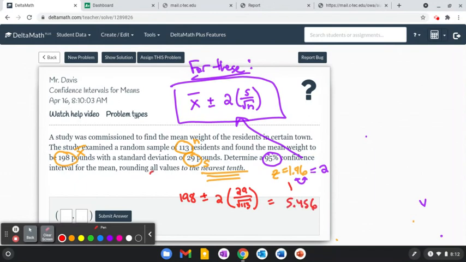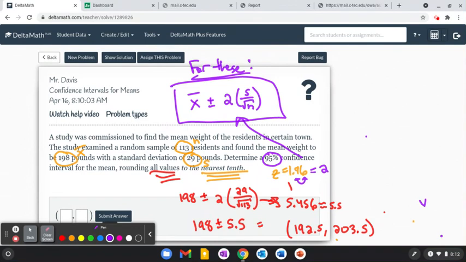And again, we're rounding all values, so each intermediate value we have to round. So we want to round that to 5.5. It's going to be 198 plus and minus 5.5. So 198 minus 5.5 gives 192.5, and 198 plus 5.5, sorry, gives 203.5.